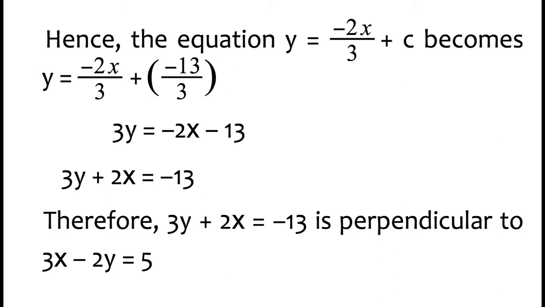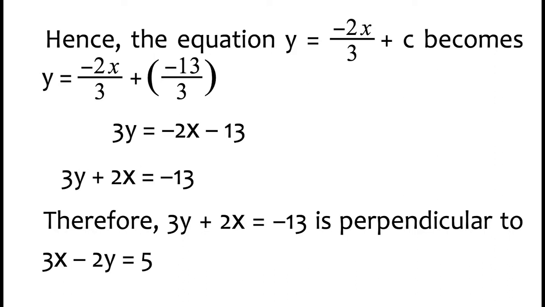Plus minus will give me minus. So 3 will equally divide 3, and we'll be left with minus 13. So the equation 3y equals minus 2x minus 13 can be written with all the variables on one side: 3y plus 2x equals minus 13.